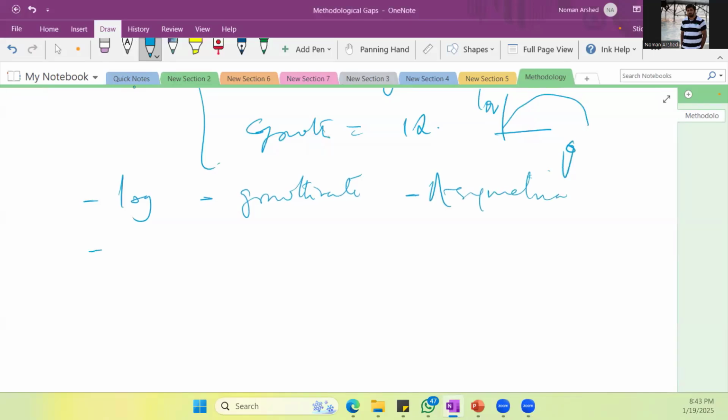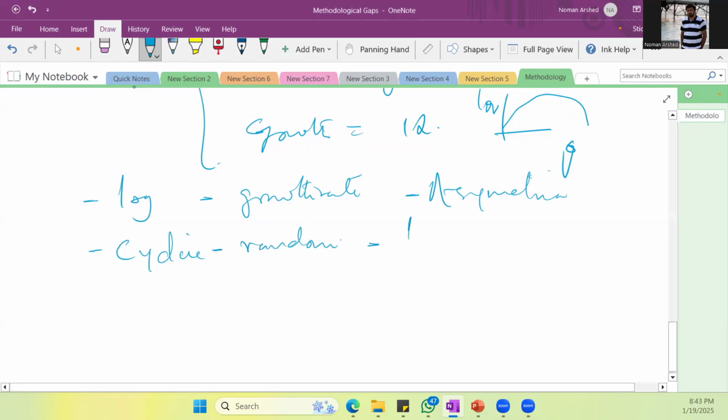Or if it is time series data, you can separate it into a cyclic form, a random movement or unexpected form, or a trend form. There are many other forms that you can use.